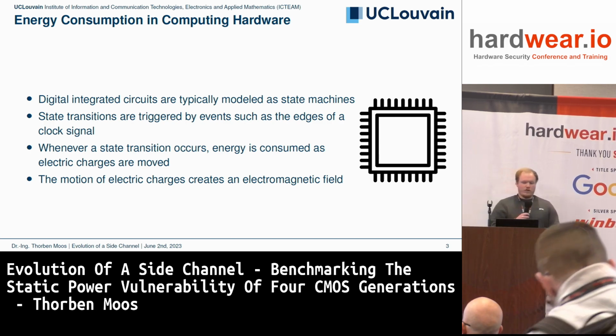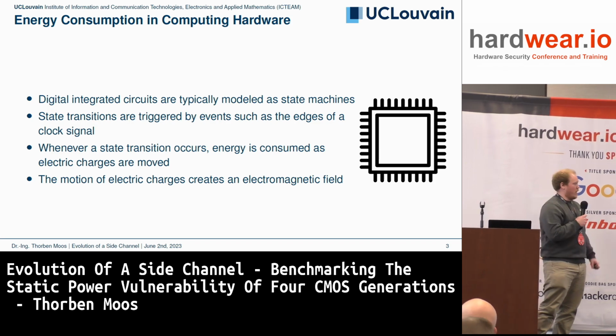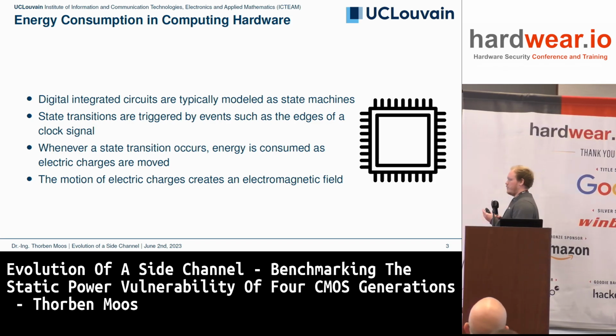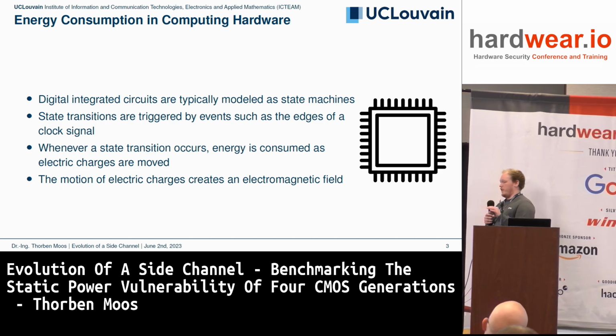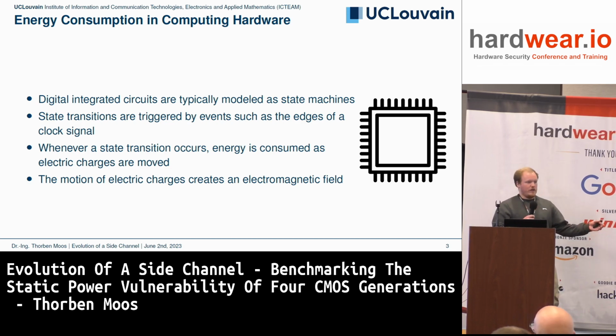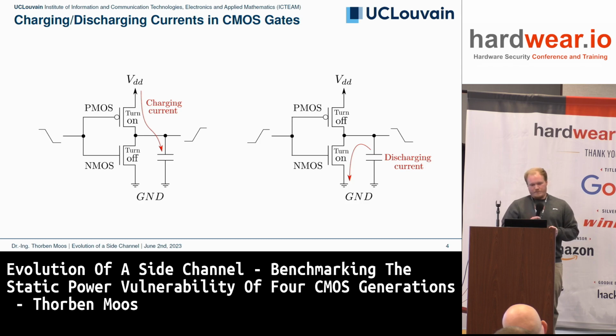Whenever one of these state transitions occurs, energy is consumed because electric charges in the device are moved, which also creates an electromagnetic field. The power consumption and the electromagnetic field are usually used for performing power side channel or EM side channel attacks on cryptography.